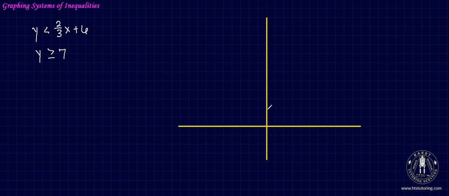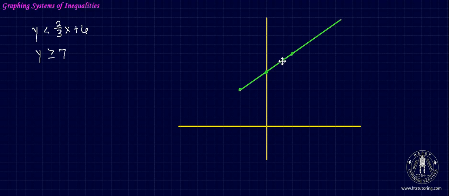I'm going to go up 6: 1, 2, 3, 4, 5, 6. There's my y-intercept. 2/3 is my slope, so I'm going to go up 2 and over 3. I'm also going to go down 2 and to the left 3, because negative 2 over negative 3 is the same thing as a positive 2 over 3. Now I have 3 points. I really only need 2 to graph a line, but I like to do 3 to be as accurate as possible.